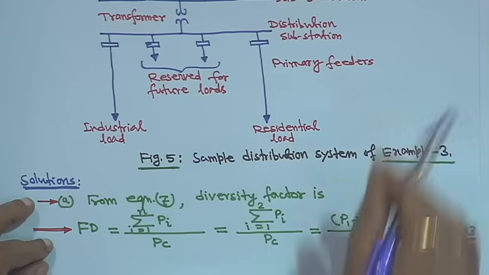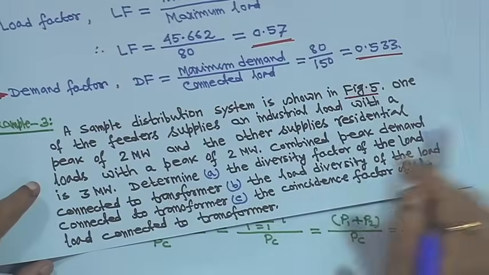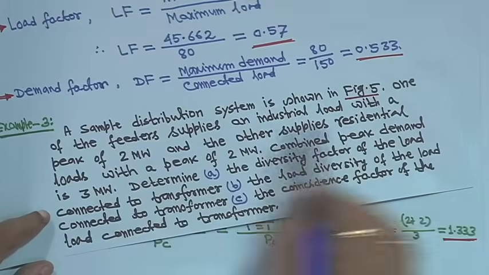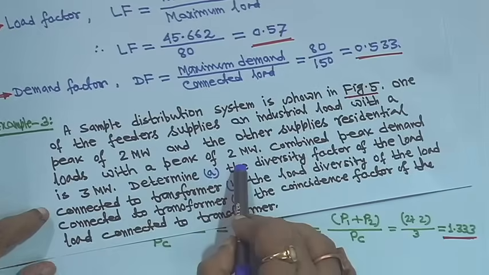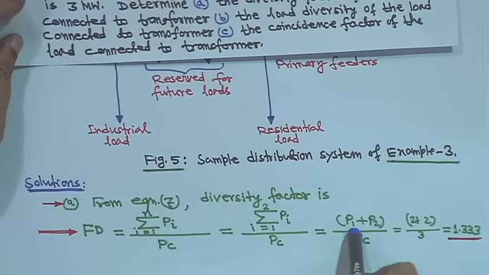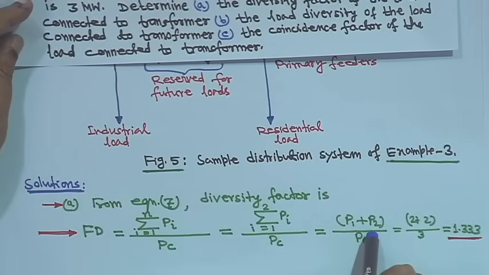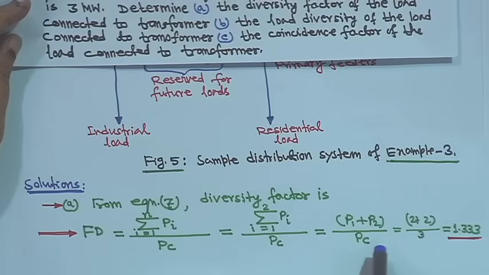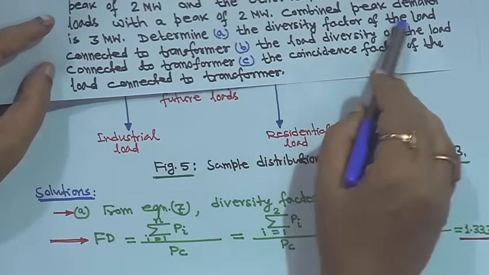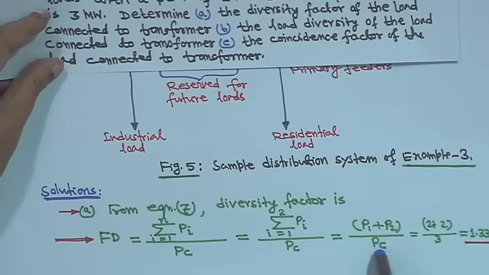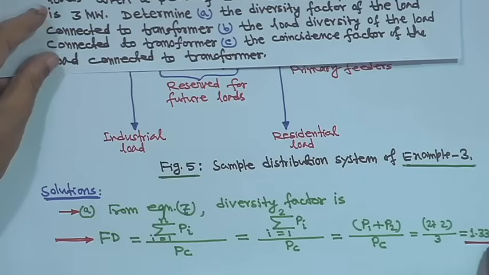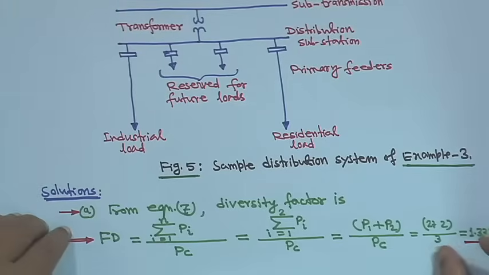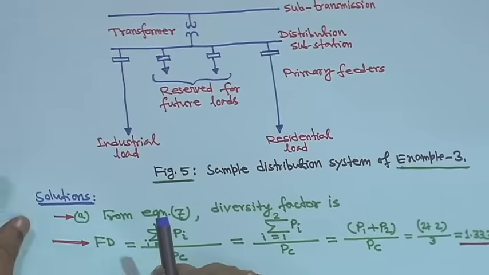It is given for both cases: the industrial load with a peak of 2 megawatt and the other residential load with a peak of 2 megawatt. That means P1 is equal to 2, P2 is equal to 2, that is 2 plus 2, and the combined peak demand is 3 megawatt. So, Pc is equal to 3 megawatt. So, 2 plus 2 by 3, it is 1.333. So, this is your diversity factor.